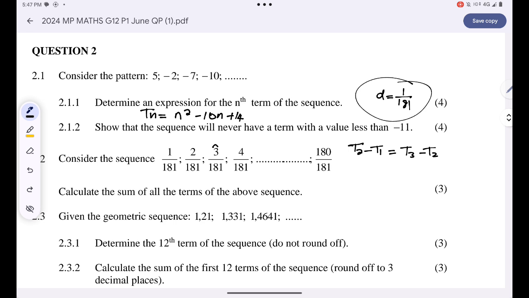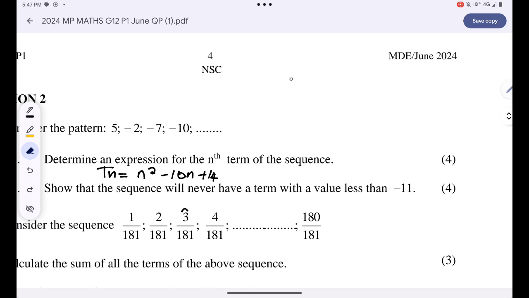So that means this particular sequence of mine is arithmetic. And for me to find the sum of all the terms, I need the value of a, the value of n, and the value of d. Or maybe I can use the formula that has the last term, because I'm given the value of my last term over there. But it's fine. The value of a is just equal to 1 over 181.